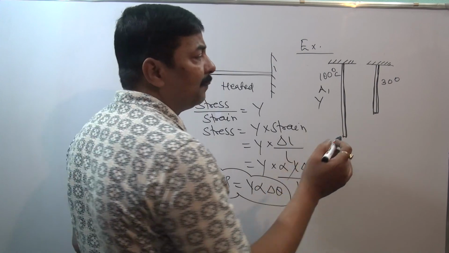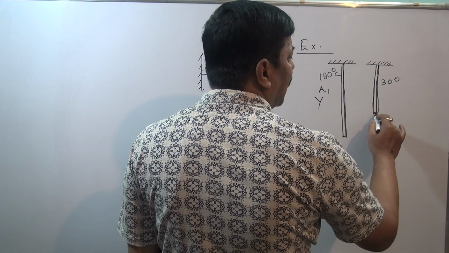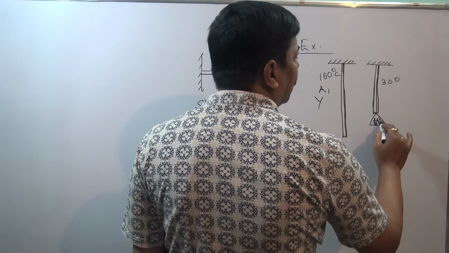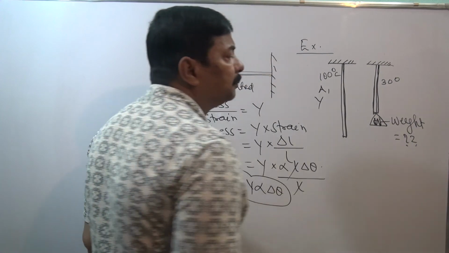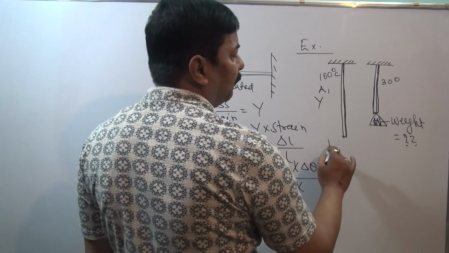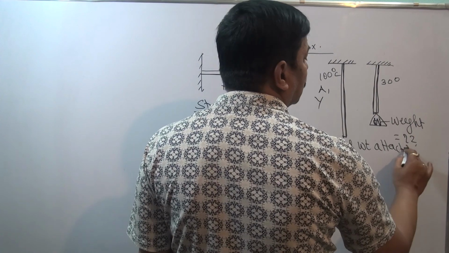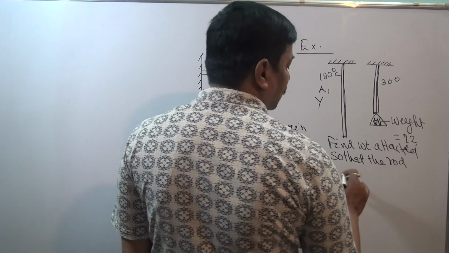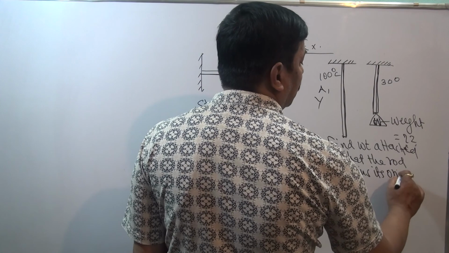The question says, what is the weight W that you will be attaching here? Find the weight attached so that the rod attains its original length.